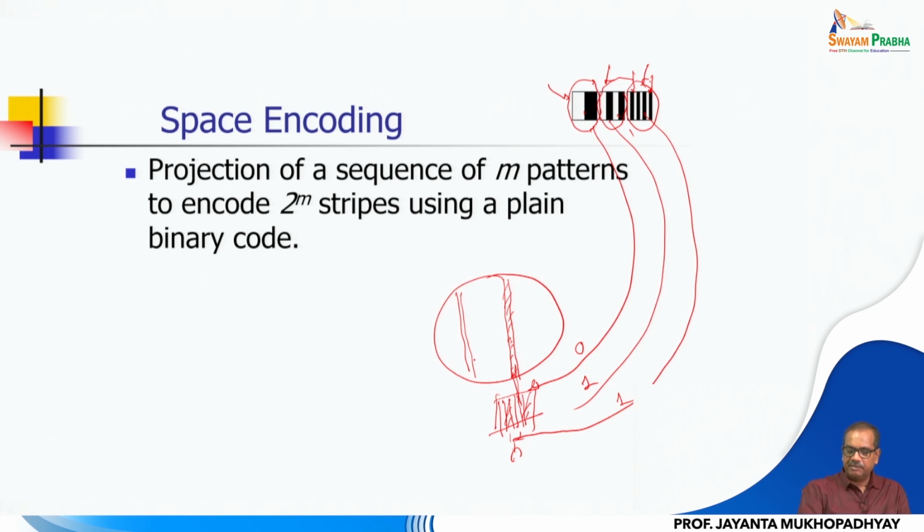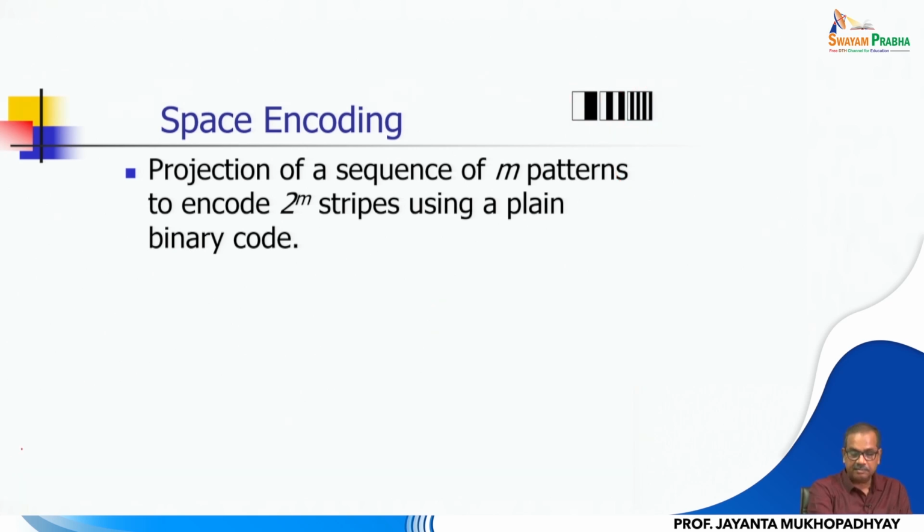So what is required: instead of illuminating the strips one after another by structured light projections, I can use only 3 projections, but I can identify at least 8 vertical strips using these 3 binary codes. So this is an advantage of this kind of space encoded structured lighting.